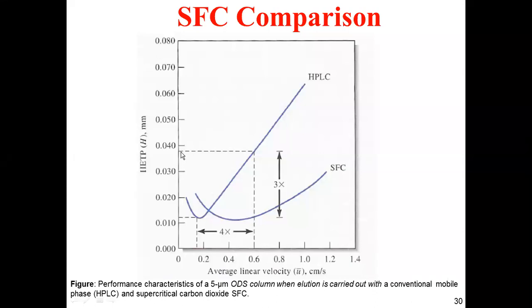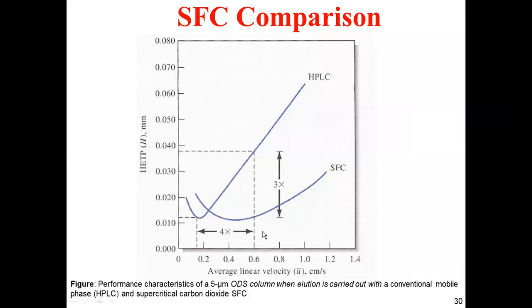At the same velocity, the height of the theoretical plate is going to be around 0.011 in SFC. So at 0.6 centimeter per second, the plate height in HPLC will be around 0.038, whereas in SFC it is only 0.011.